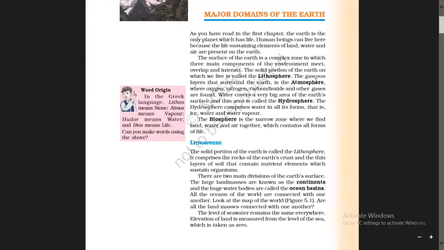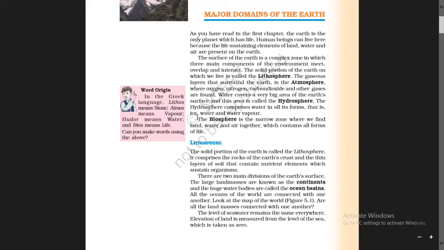The gaseous layers that surround the earth is the atmosphere, where oxygen, nitrogen, carbon dioxide, and other gases are found. Water covers a very big area of the earth's surface, and this area is called the hydrosphere. The hydrosphere comprises water in all its forms, that is, ice, water, and water vapor.